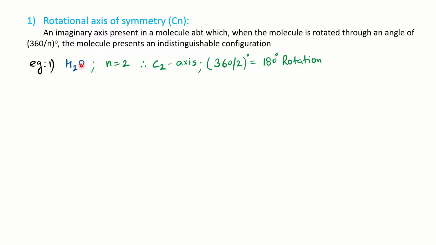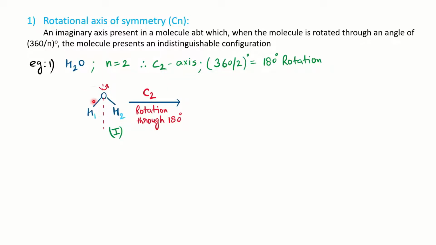Since n is 2 here, we can represent it as 360 by n, that is 360 by 2, a 180 degree rotation. So if you rotate this H2O molecule by 180 degrees 2 times, then it will show you the same indistinguishable configuration, and so Cn is C2 here, the C2 axis of rotation.